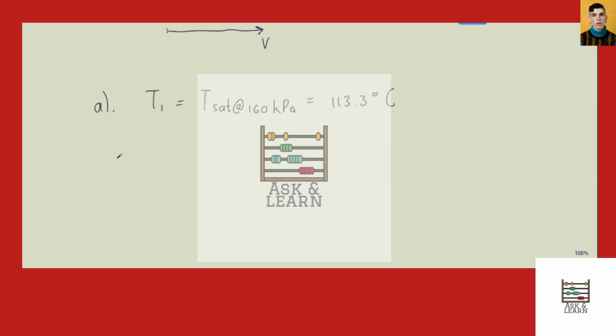The total initial volume of the system, V1, is equal to the mass in the vapor state plus the mass in the liquid state, multiplied by the corresponding specific volumes.